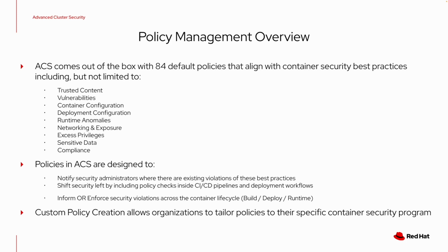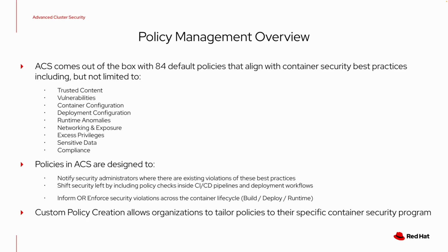Policies in ACS are primarily designed to notify security administrators when there are existing violations of these best practices. And shift left security is really the goal of a lot of this, in that containers are immutable. So fixing certain violations related to vulnerabilities and configuration doesn't really make sense in the context of patching it inside the live environment.